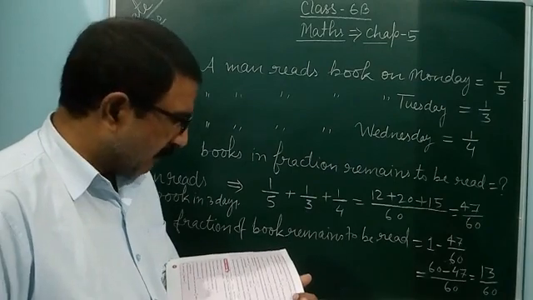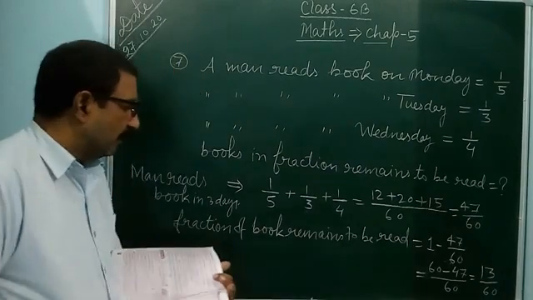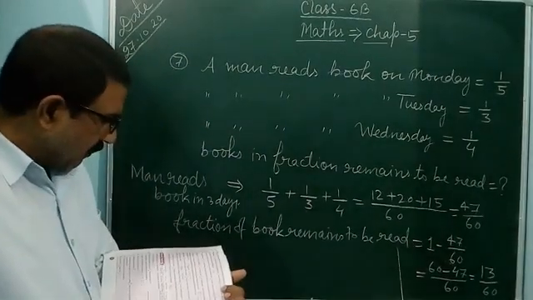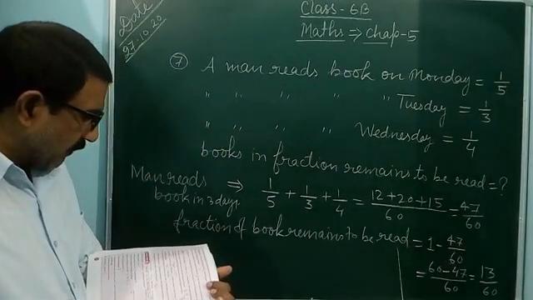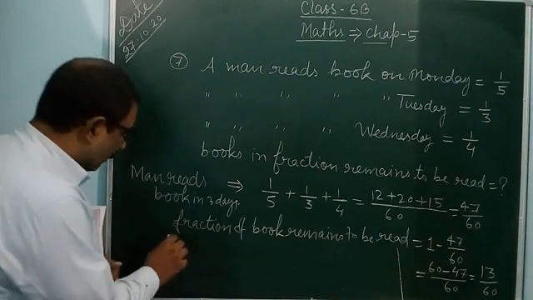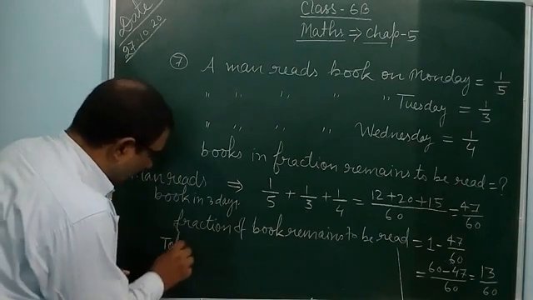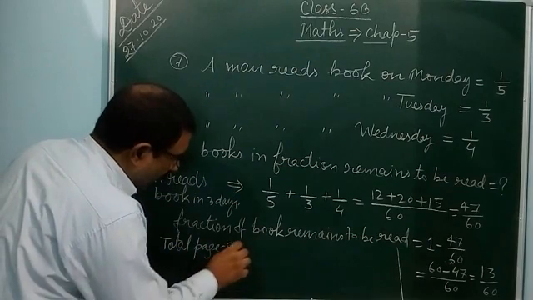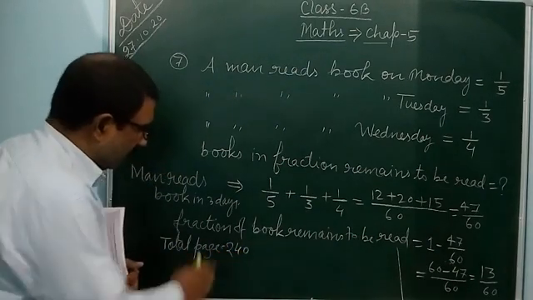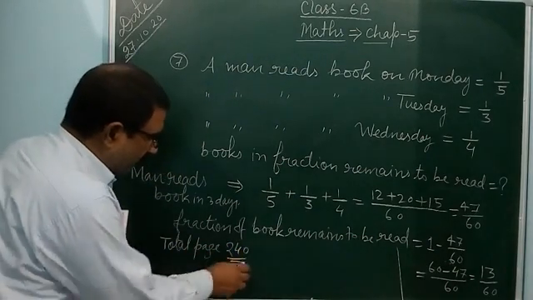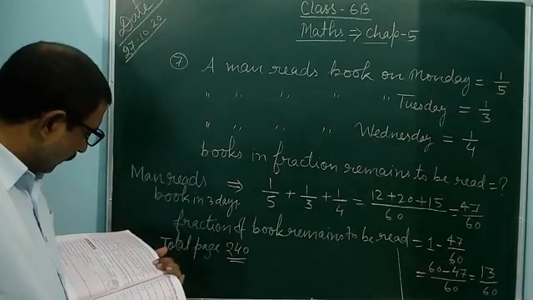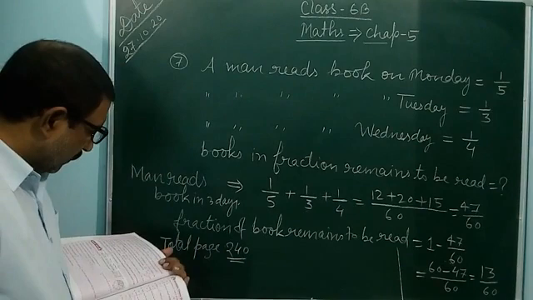13 by 60 is the part of the book that remains to be read. After that you can find the total pages, 240. The total number of pages is given as 240 pages. It is also asking how many pages remain to be read.